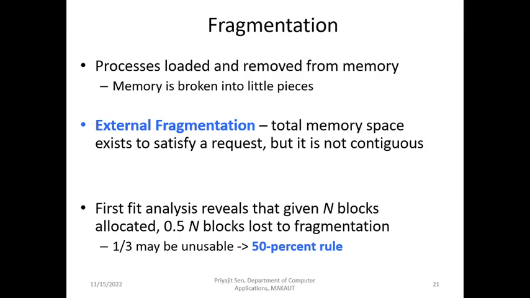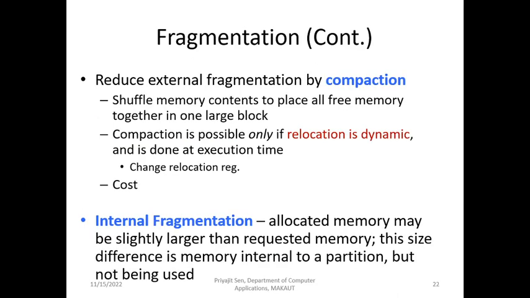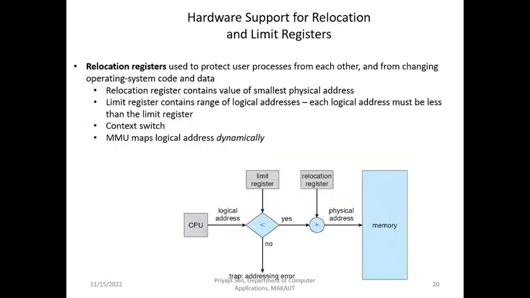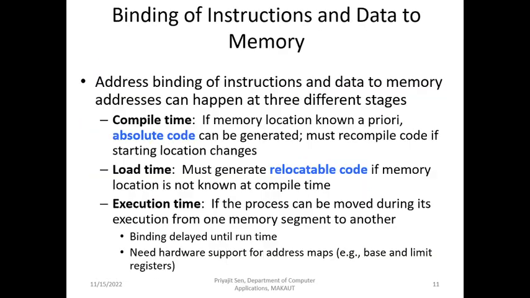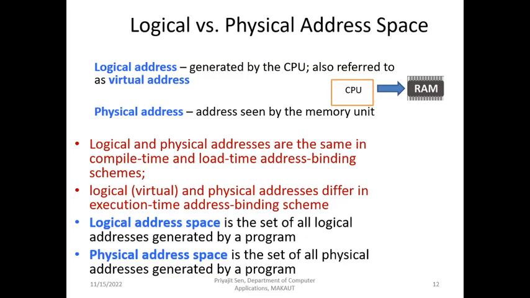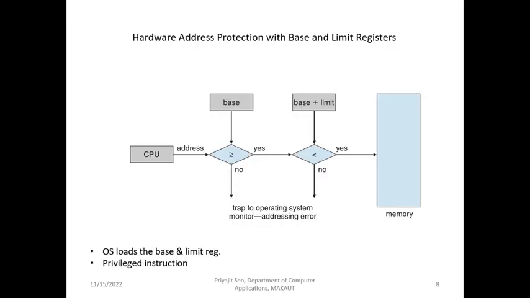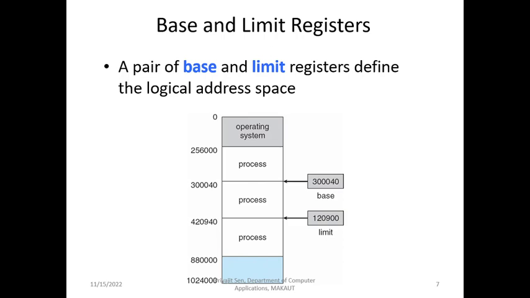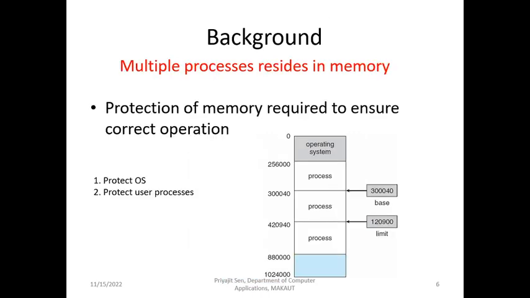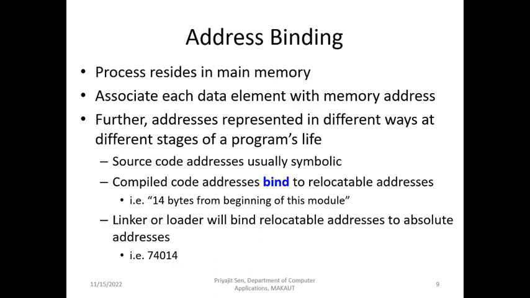Explain external fragmentation and internal fragmentation with a suitable example. Then what is logical address space and physical address space? What is the function of the base register and the limit register? These questions are only up to this part.